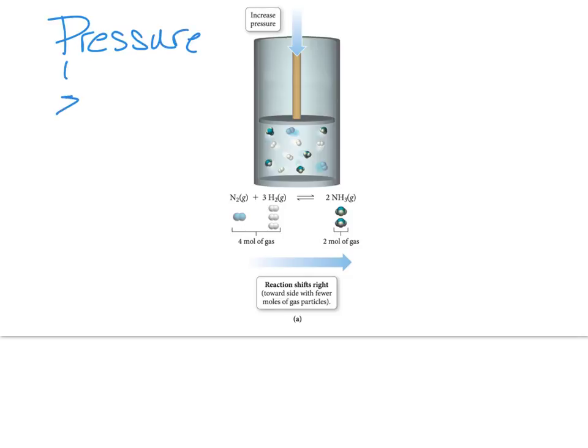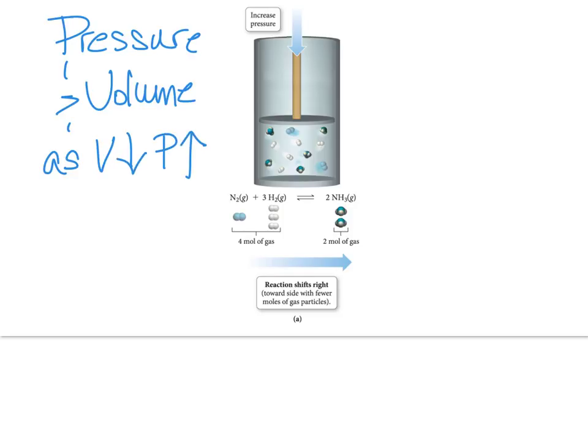Now we want to consider what the effect of pressure is, and we really have to consider pressure and volume together. Remember that Boyle's law tells us as volume decreases, pressure increases. Vice versa, as volume increases, pressure decreases.